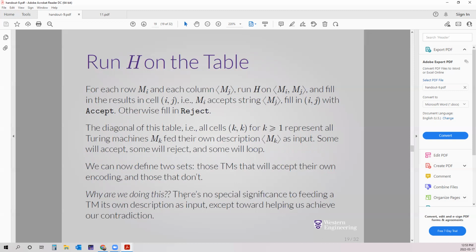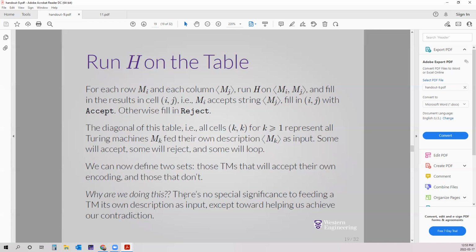The diagonal of this table: all cells (k, k). Once we have a table, there is an index 0,0, 1,1, 2,2, where the first digit is for the row and the second digit for the column.